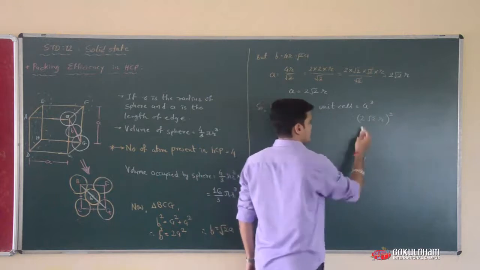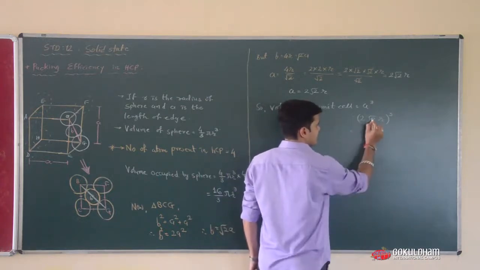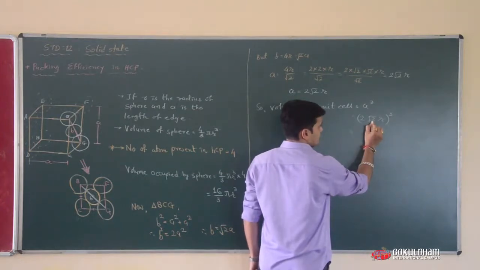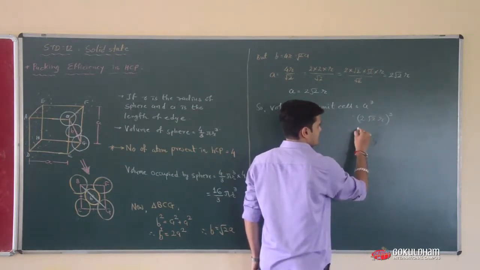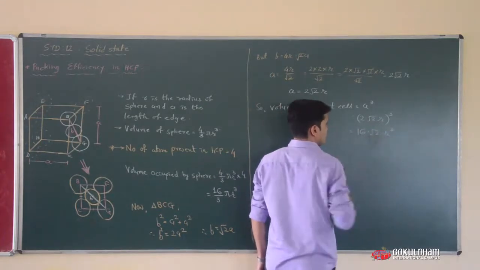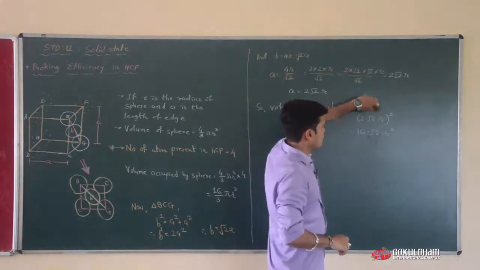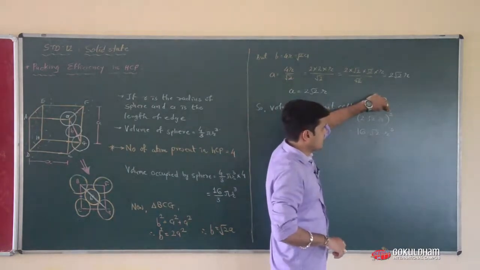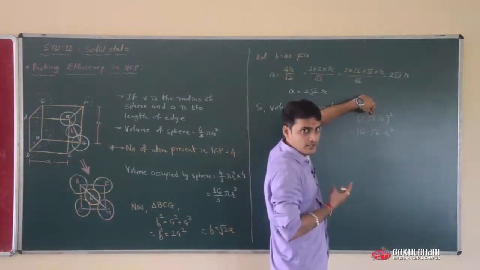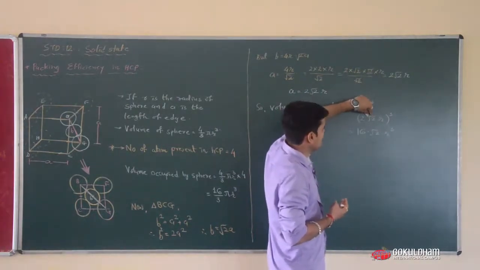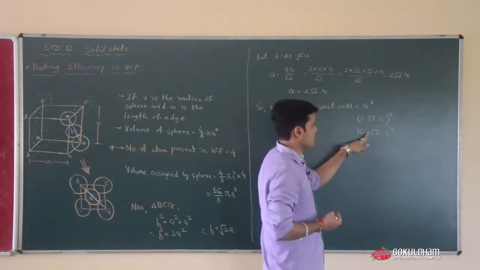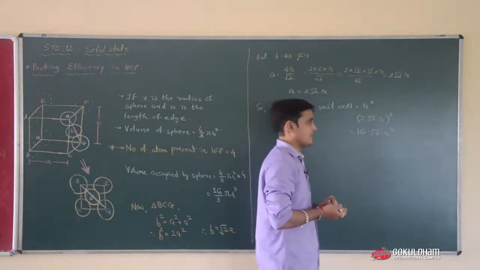So your final answer will be 2 cube is 8, under root 2 cube means under root 2 into under root 2 into under root 2, 3 under root 2 are there, so two under roots will convert into 2. So 8 into 2, 16 into under root 2 into r cube. 2 cube is taken as 8.